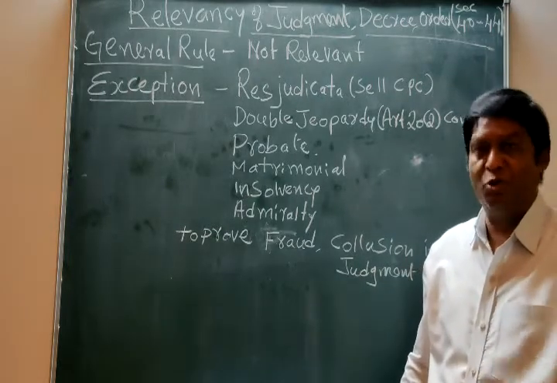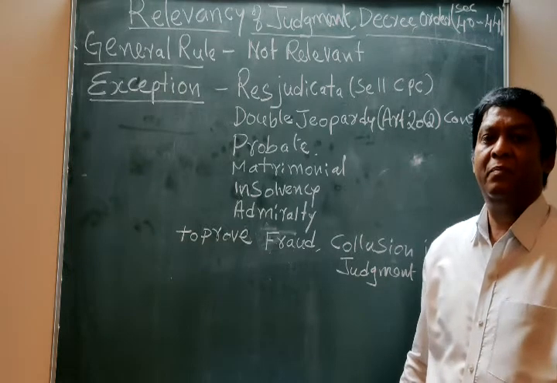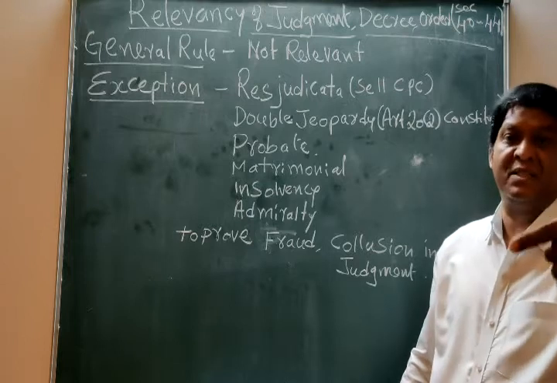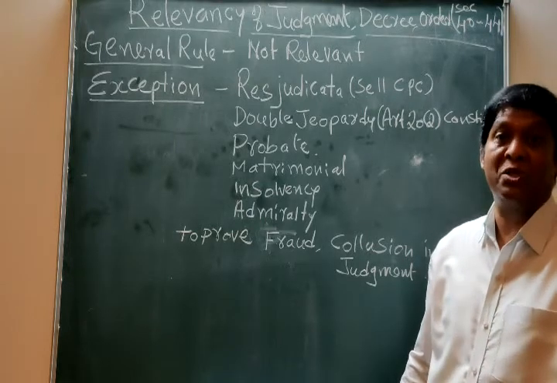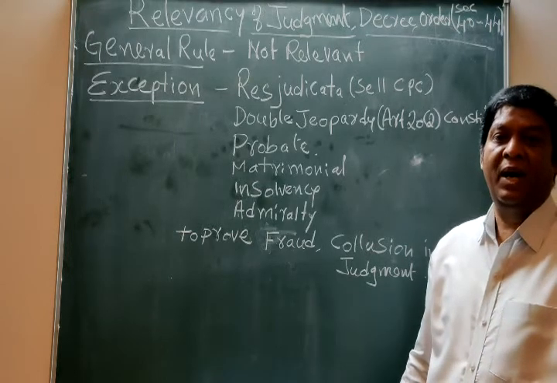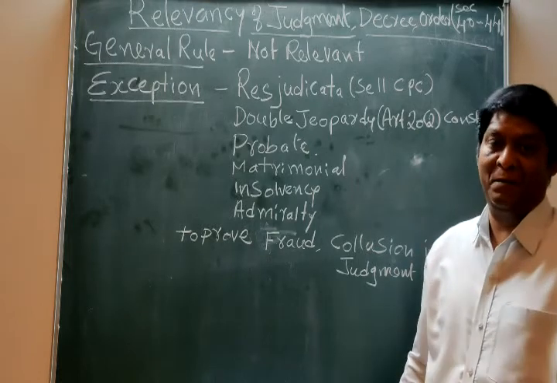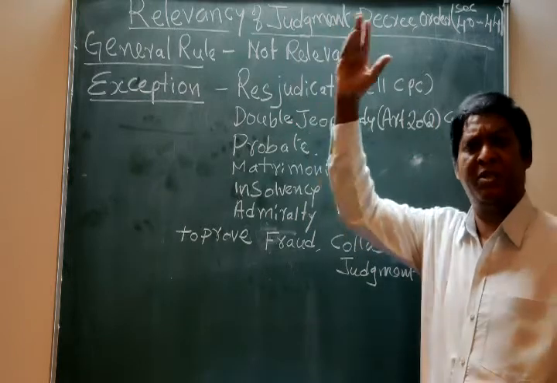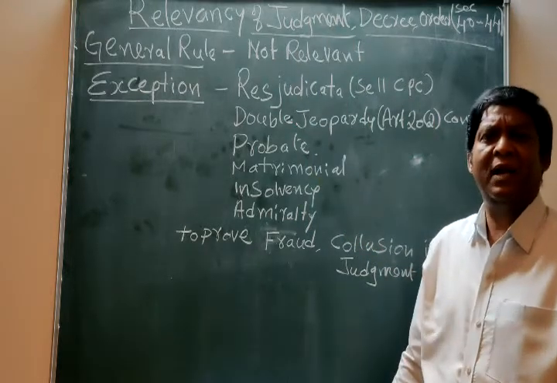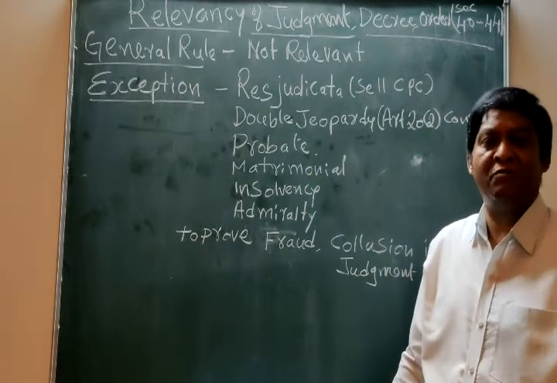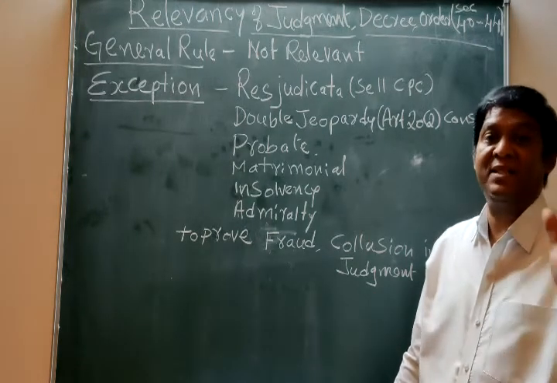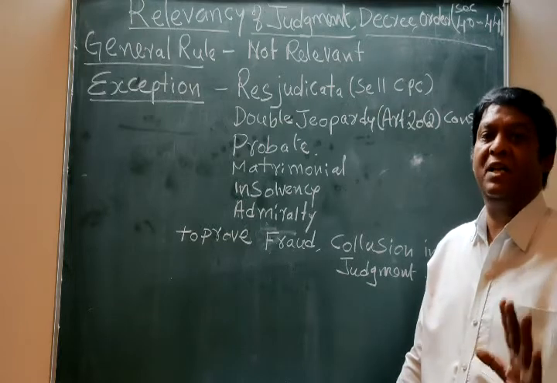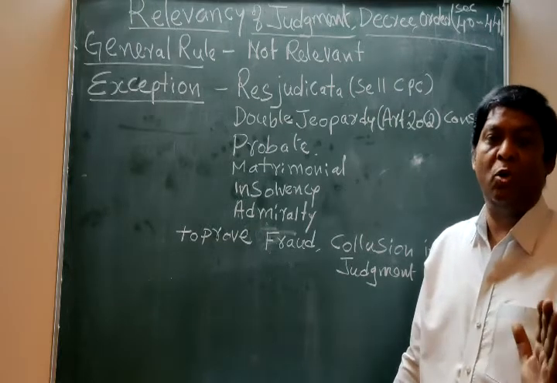Subsequently, after one or two months, another person comes. He challenges the probate given by the court. We will call him Mr. B. And that B has produced some other evidences. And now the court, after one year, two years, has given another validity, saying the first probate does not hold good now.